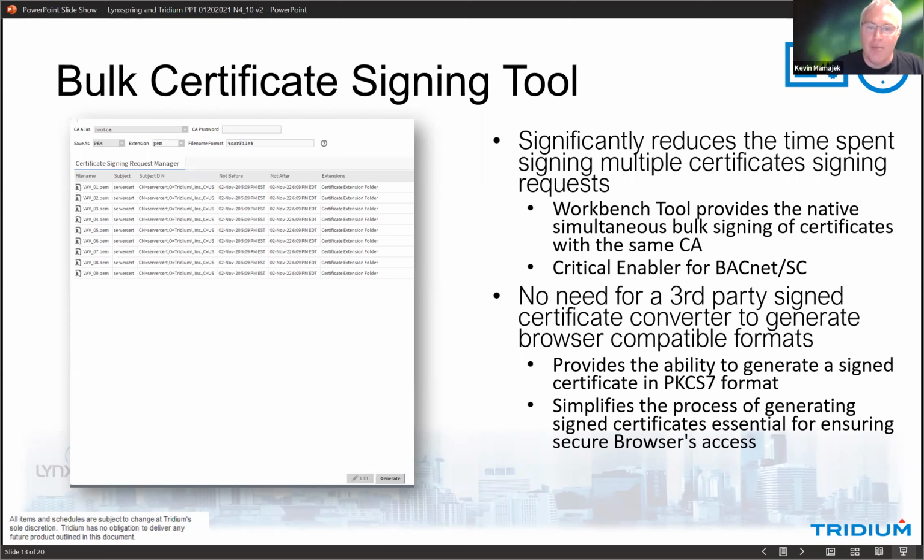So part of that process is we have a certificate signing tool and request tool in Niagara to kind of alleviate the pain. If I'm in an IT organization, they usually have those tools separate, so I can kind of push that requirement onto the IT team. But if you're in an installation where you want to do the certificates, all of that's built in.